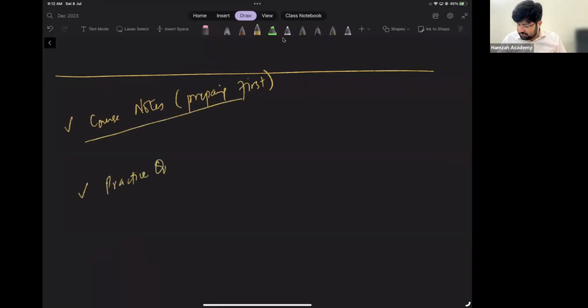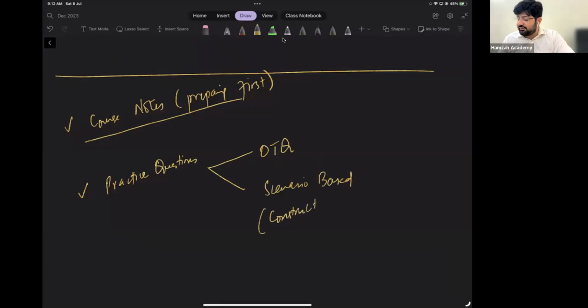What is the source? I will tell you in a few minutes. Practice questions are of two types: objective test questions and scenario-based Section B type questions, called constructed response questions. Students, I told you I'll be providing my own notes, which I'm updating based on the new update.